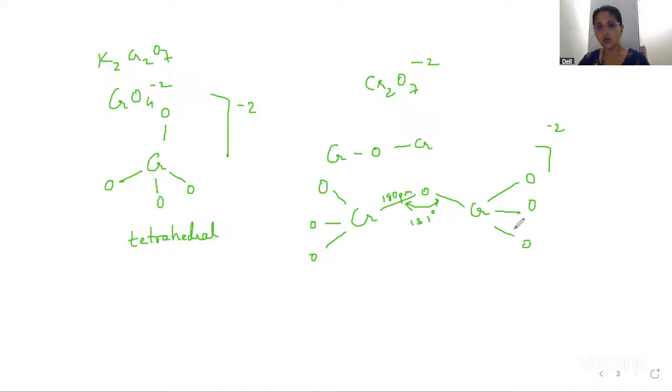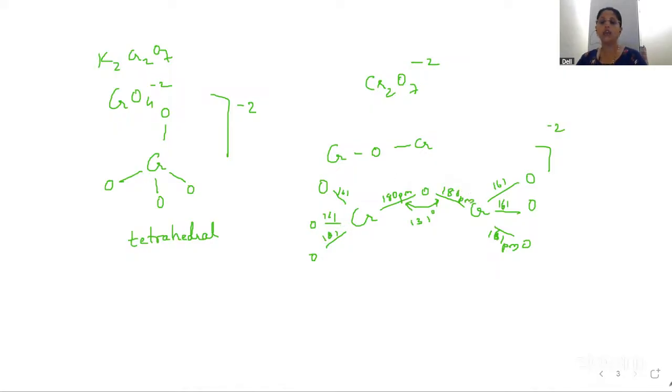The other Cr-O bond length is 161 picometers. Look at the bond length difference. The bridging bond is 180, and the other Cr-O bonds are 161, 161, 161 picometers.